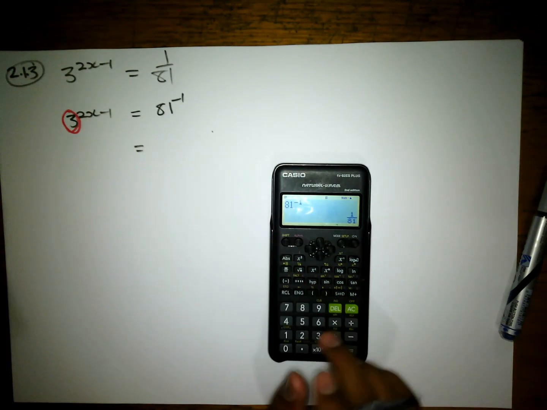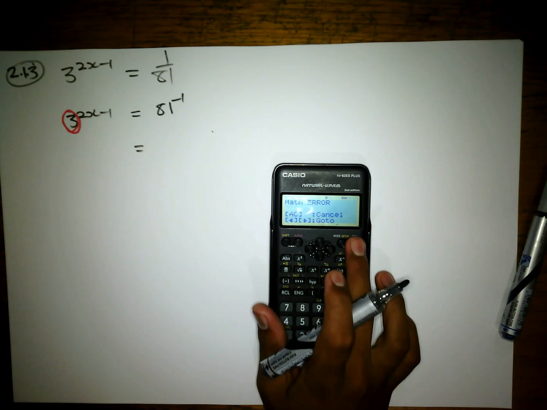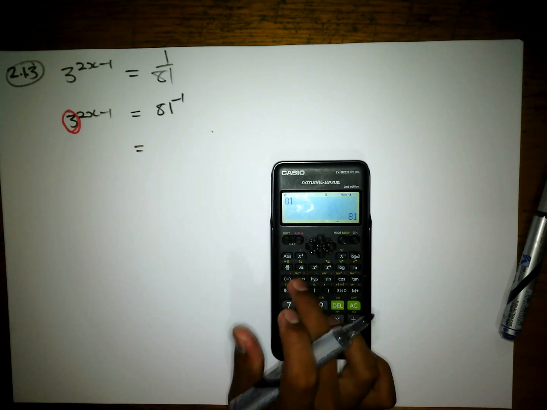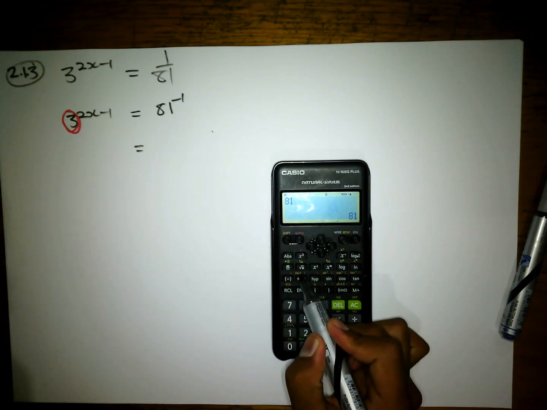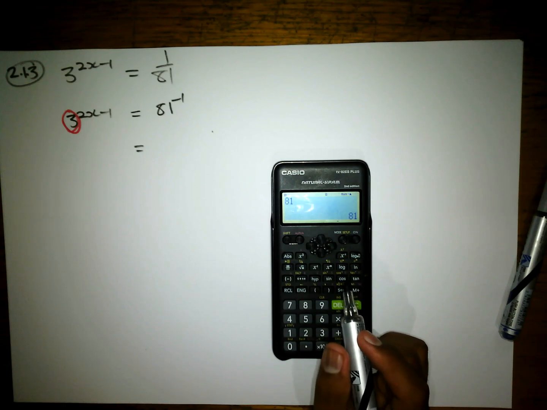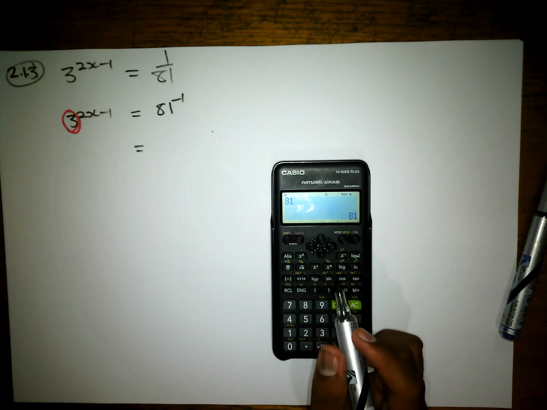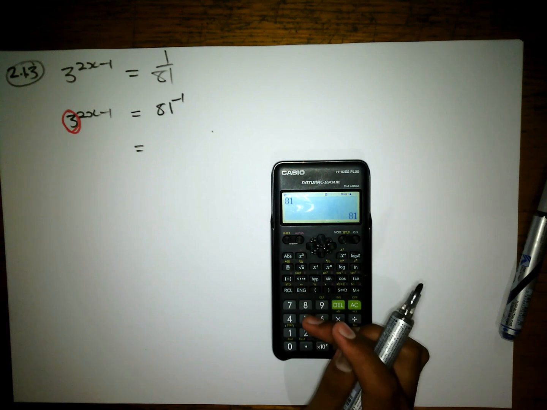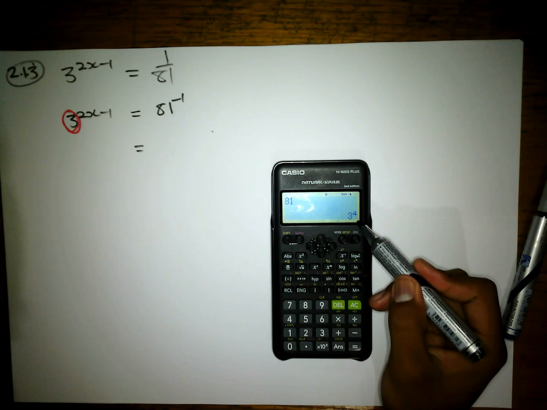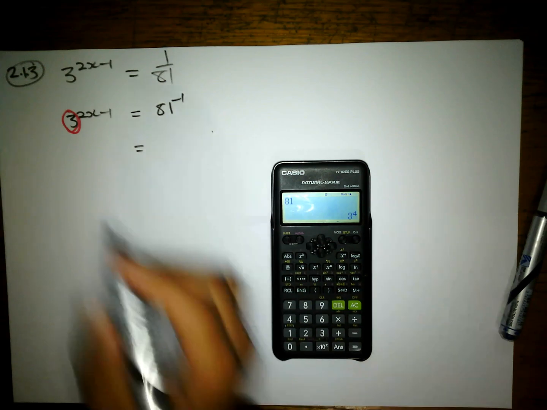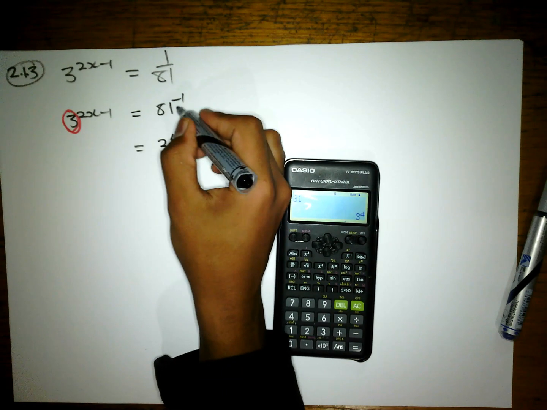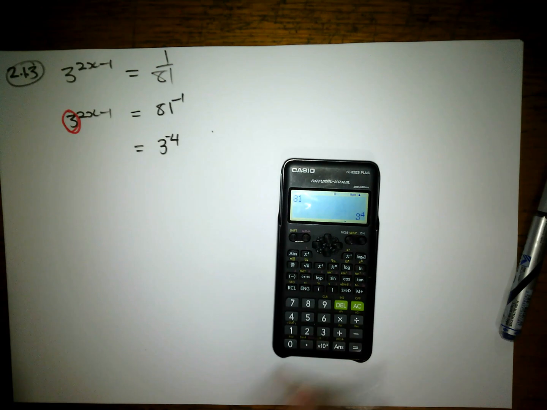You press shift and factorize. So just 81, shift, you see the factors there. You can factorize a number, only certain numbers you can do this with. If you can factorize, you will get the answer like this: 3 to the power 4. So 3 to the power 4 is 81. But it's a negative, so we must remember to put that negative there.